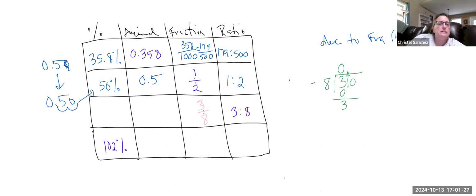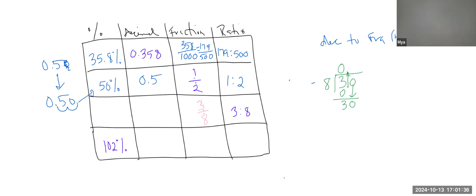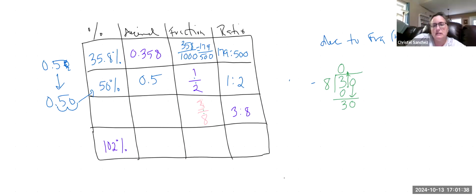So now can 8 go into 30? It can, and it's going to go in three times. So 3 times 8 is 24. And then when I subtract this, it's going to give me 6.